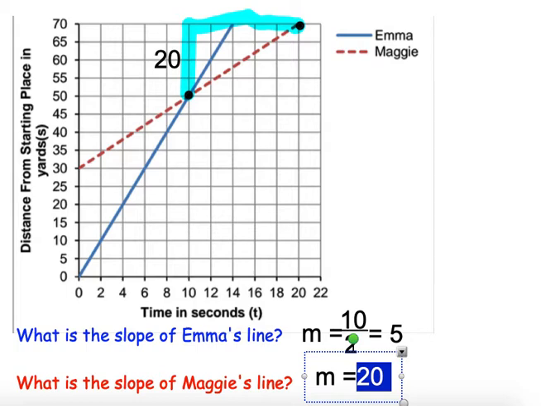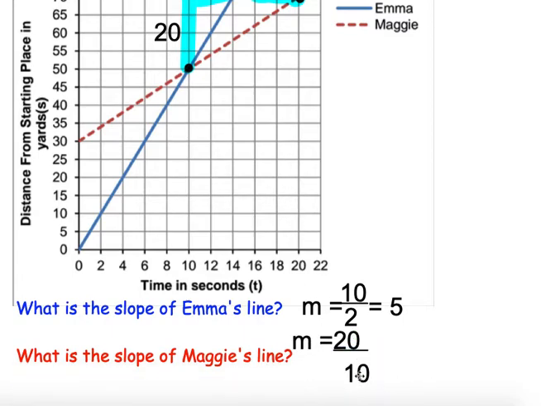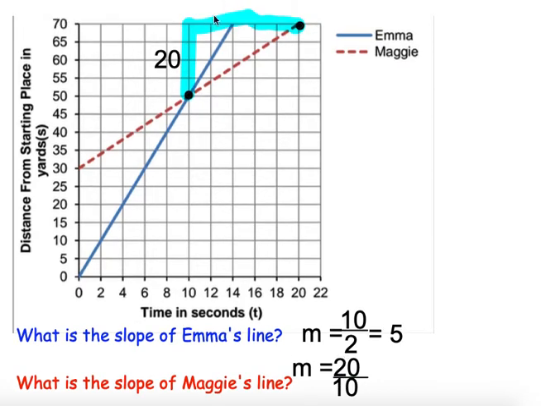And then how much is it running? Let's go with Karina. What'd you say? 10. So it's rising 20, it's running 10. So the answer I'm looking for was 2.